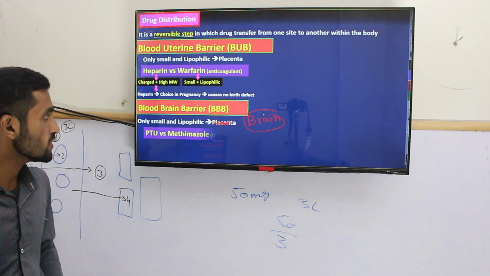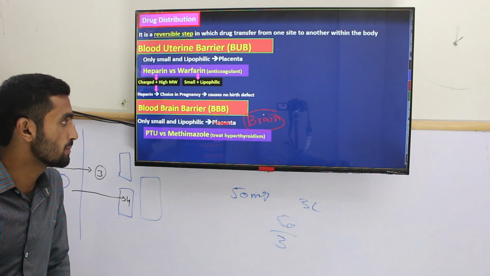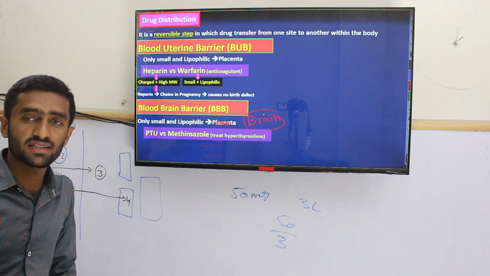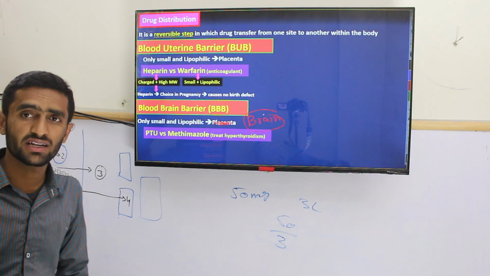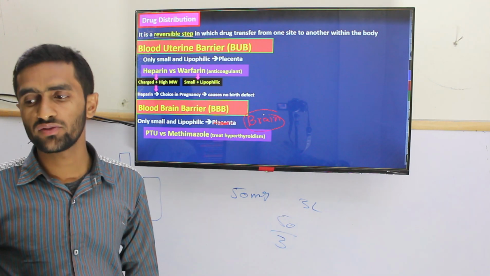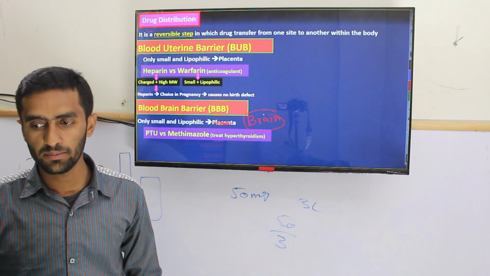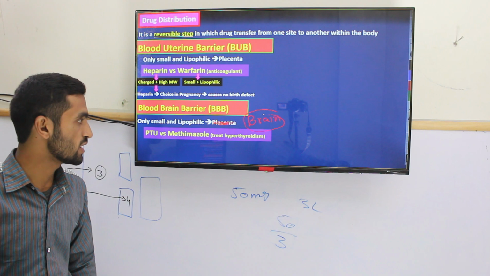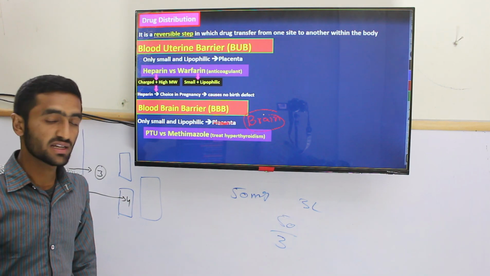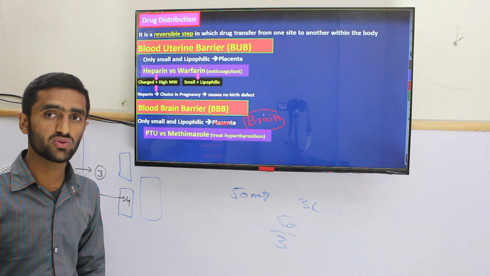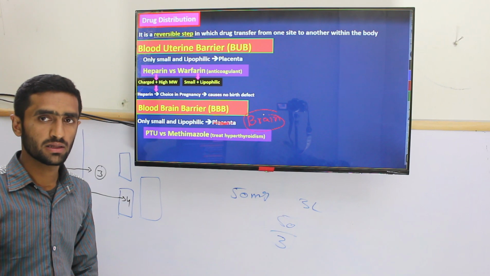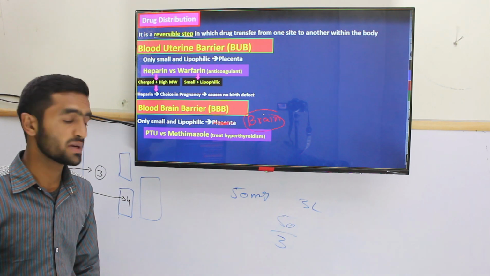So for example, PTU and methimazole. What are these? These are for the hyperthyroid patient. If you want to give one of them to a pregnant woman, which should you give, PTU or methimazole?